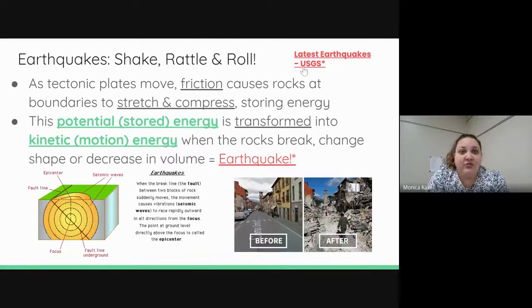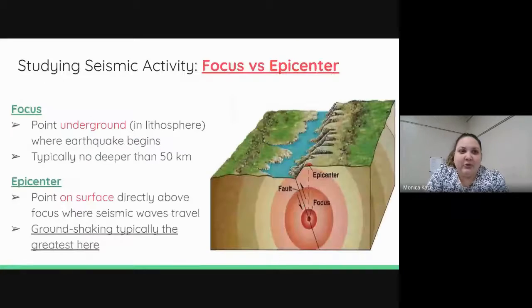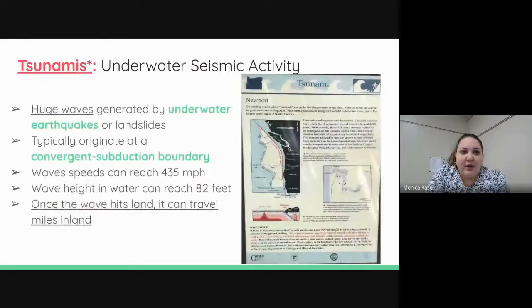It talks about like, did you feel it? Would they feel this one? And what kind of results happen as this has happened, or how many have occurred in this area. So you can go back and take a look at some of the history of some of those areas, even if it was just from this year, even though it was short, there are lots of earthquakes that were happening. So definitely take a look at that when you have some free time, because they're pretty cool to look at.